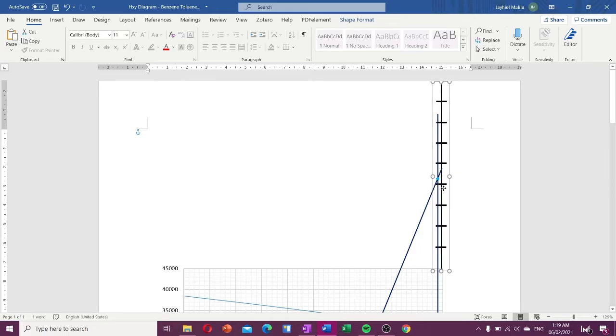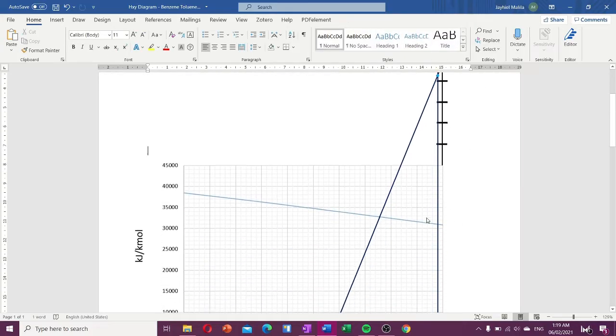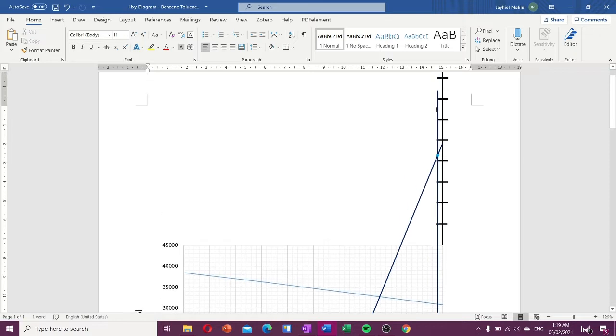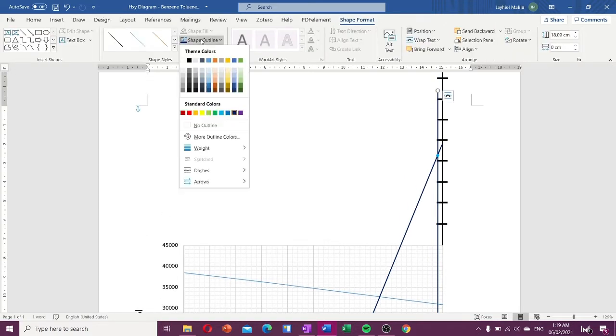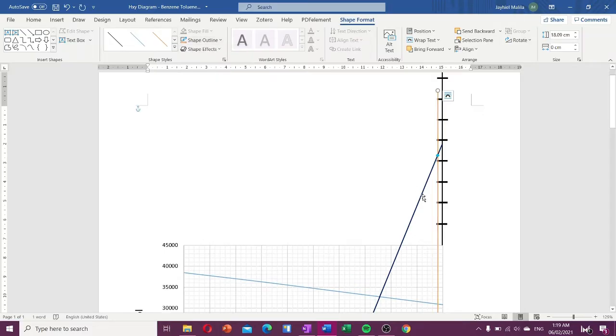Moving this up will not affect the measurements, okay? So don't worry. I also need to change the color. It's actually closer to black, so it doesn't have a distinctive color. Okay, this one.